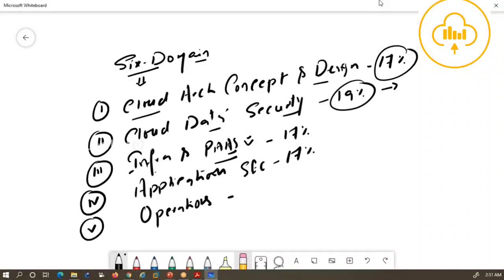When I say logical, there are administrative controls we have to implement, like having a proper process that needs to be understood and followed, such as change management, incident management, and risk management. Apart from that, there are some benchmarks available from CIS and others. The relative weightage for this domain is also 17% in the examination, so we'll be preparing around the same.